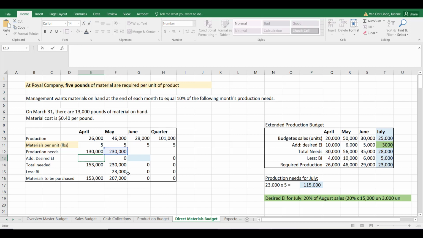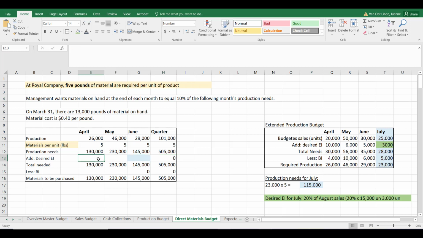And I have some calculations in here that I'll remove so we can do that all together. Same thing with June, we'll do 29,000 units that I need to produce, but each unit requires 5 pounds of materials. So we need a total of 145,000 pounds of materials for June. To find the total for the quarter, I'm simply just going to add up each month's production needs. So for the quarter, I need a total of 505,000 pounds of materials.